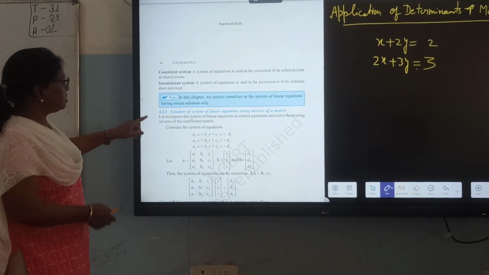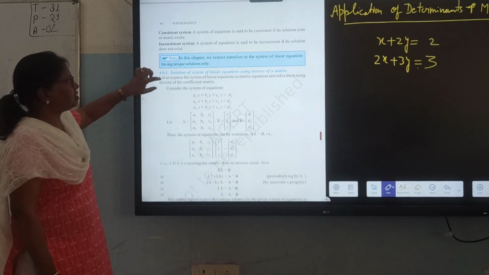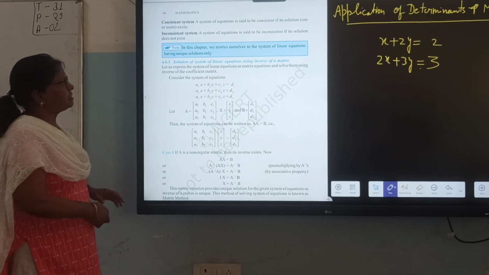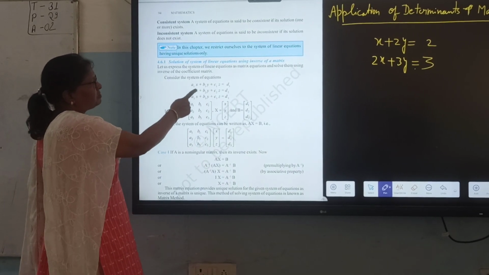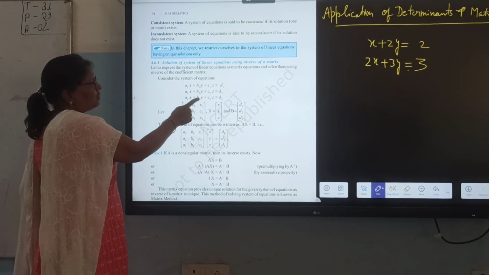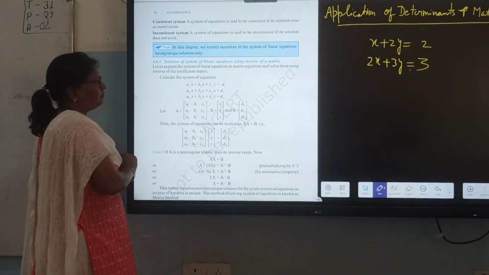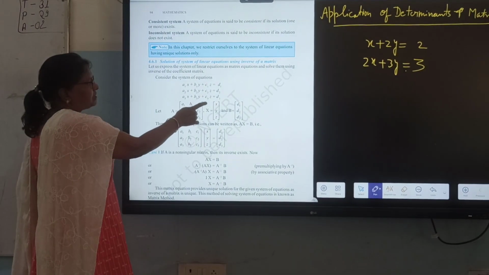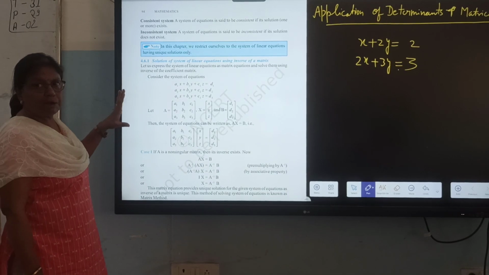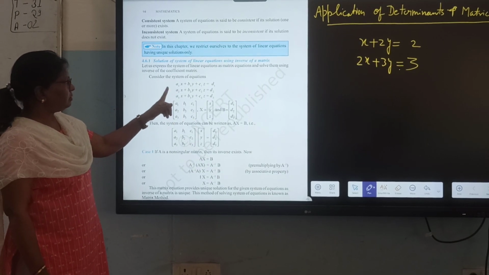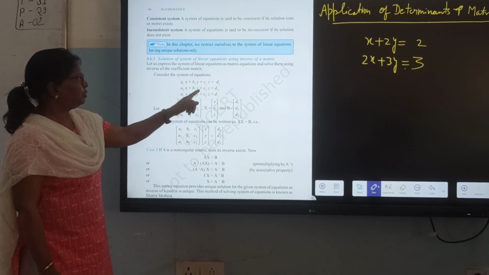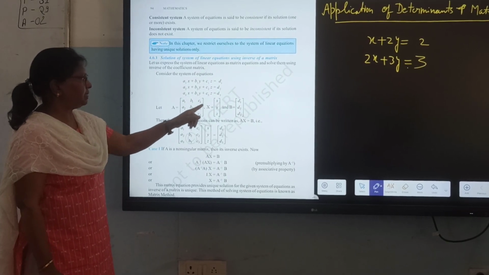Now we will proceed to the solution of a system of linear equations using the inverse of a matrix. Let us consider the system of equations a1x plus b1y plus c1z is equal to d1, a2x plus b2y plus c2z is equal to d2, a3x plus b3y plus c3z is equal to d3. Let the matrix A be the matrix of coefficients a1 b1 c1, a2 b2 c2 and a3 b3 c3.